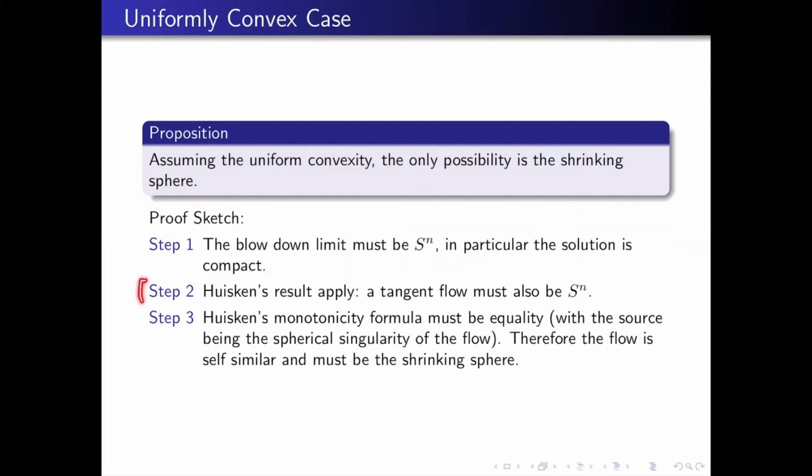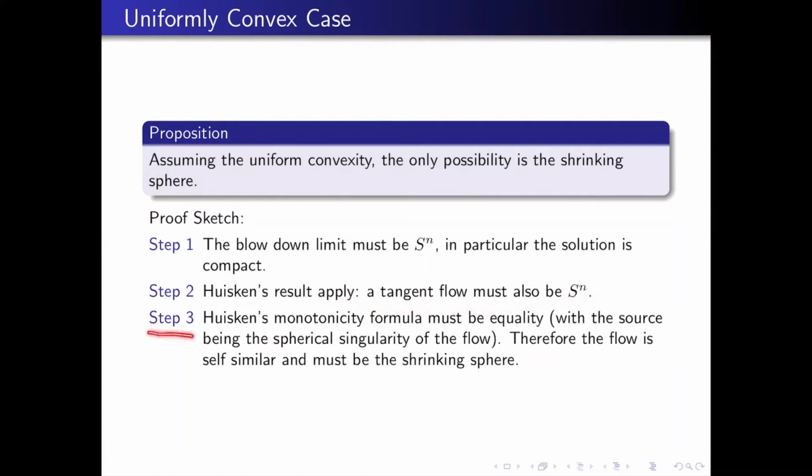Then we go to step 2, in which we apply Hamilton's classical result, which says that a uniformly convex compact solution must converge to a sphere after some scaling. Or in other words, the tangent flow has to be S^n.